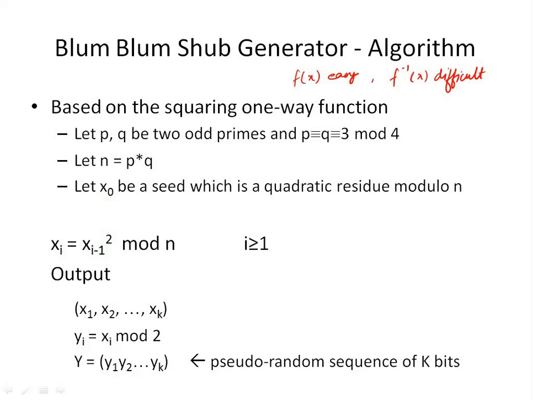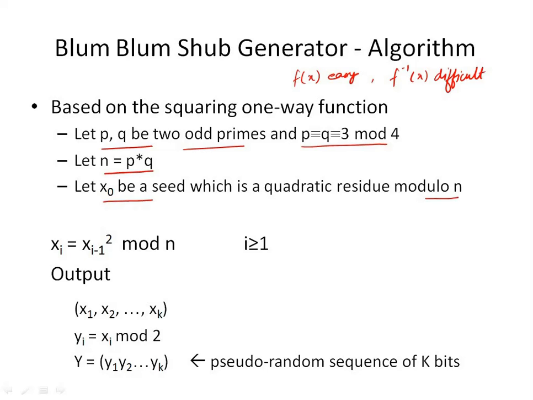So what is the algorithm? Let P and Q be two odd primes such that P is congruent to 3 mod 4 and Q is also congruent to 3 mod 4. Let n be equal to P times Q, and let x naught be the seed, which is a quadratic residue modulo n.